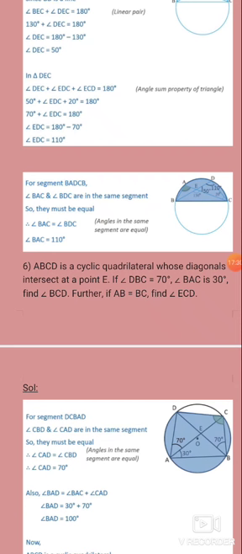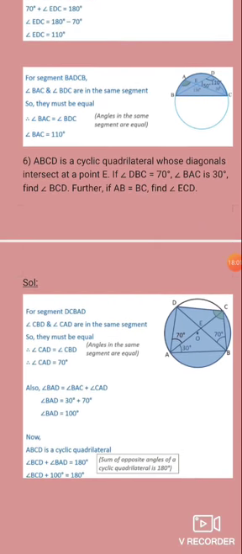Therefore, angle CAD is equal to 70 degrees. Also, angle BAD is equal to angle BAC plus angle CAD. Now, angle BAD is equal to 30 degrees plus 70 degrees, which is equal to 100 degrees.